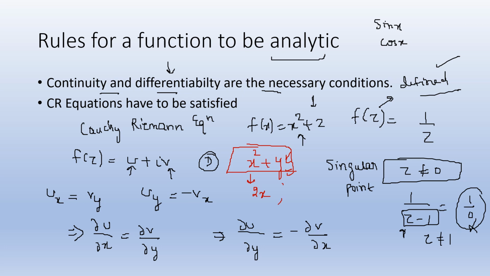Similarly, if you find it with respect to y, there is no y in x square, so its partial derivative will be 0, and for y it is 1. This is how you can find it. Also, you have some formulas for partial derivatives. You can check out those videos where I have already discussed partial derivatives.